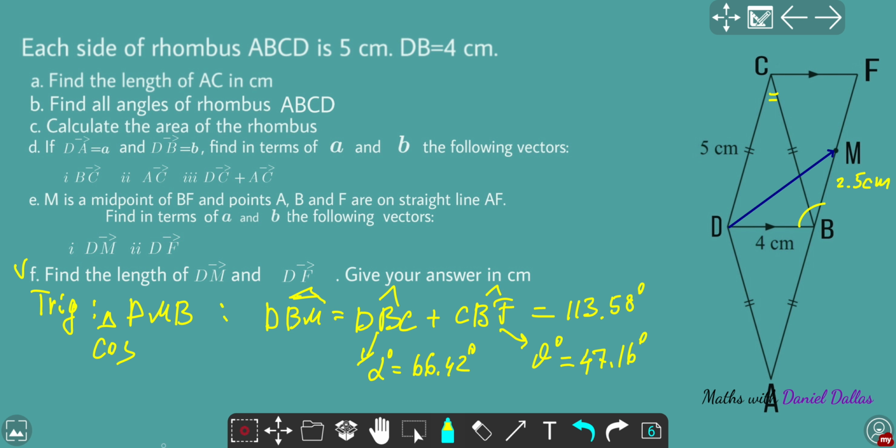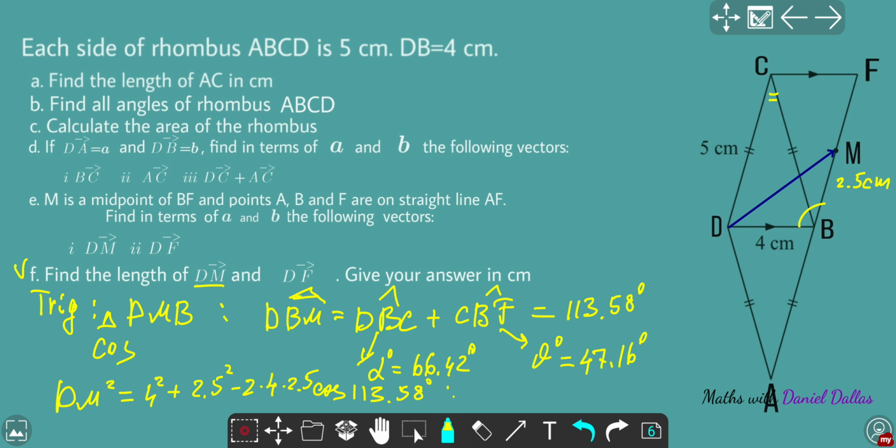Unfortunately I don't have the space, but I'll write finally. So we're looking for DM length. So DM length is going to be equal to the square root of 4 squared plus 2.5 squared, and we take away double the product of 4 and 2.5 times cos of that angle, cos of 113.58.